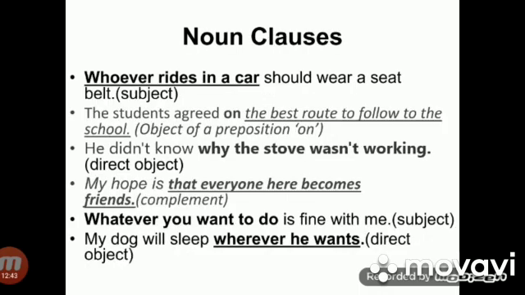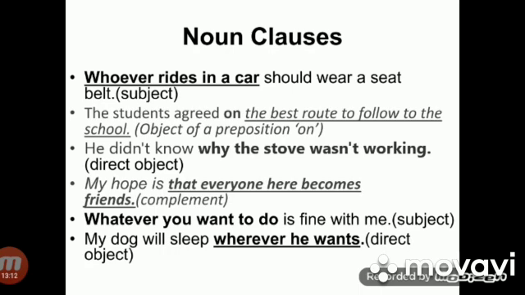Some more examples. Whoever rides in a car should wear a seat belt. This is a subject of the verb should wear. The students agreed on the best route to follow to the school. Object of a preposition on. He didn't know why the stove wasn't working. The direct object is the stove wasn't working.